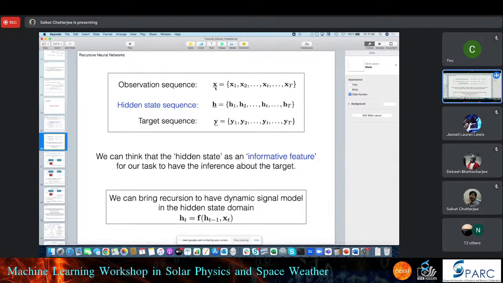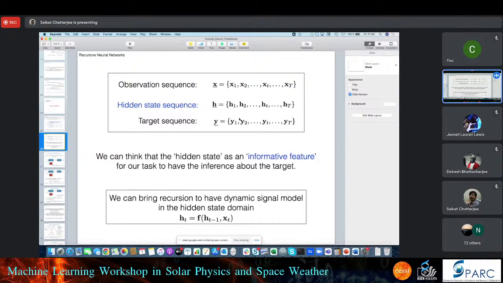Okay, X was my raw signal. H is a signal which we have generated out of this X, such that it keeps important information about the target Y. That's the way to think, and that's why you can call it an informative feature. Can you recall that earlier I told you that given the sequence, you would like to know the gist of that sequence so that it can be used for my inference task, right?